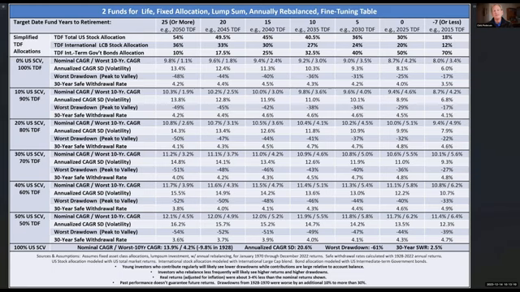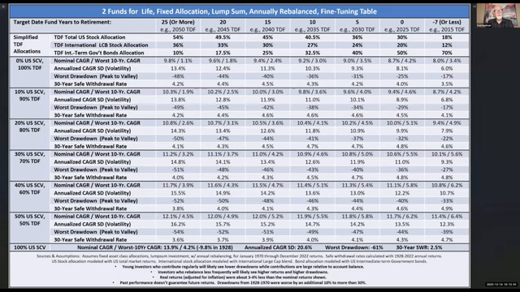Because as soon as you have an allocation that's changing over time, it gets suspect to only analyze it for one time period because it might be a particularly lucky or unlucky time period for that sequence of returns versus that asset allocation. So Craig and I have talked about this in the past, and I think it would be difficult to add this in there, but we should probably have that chat, see where it goes.